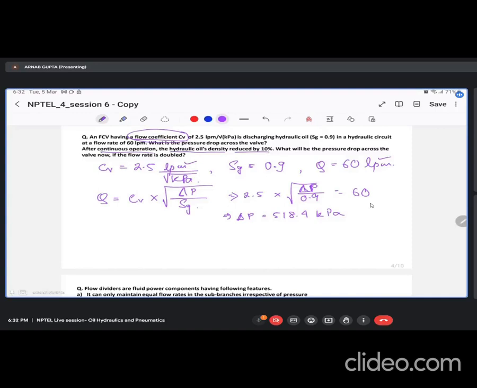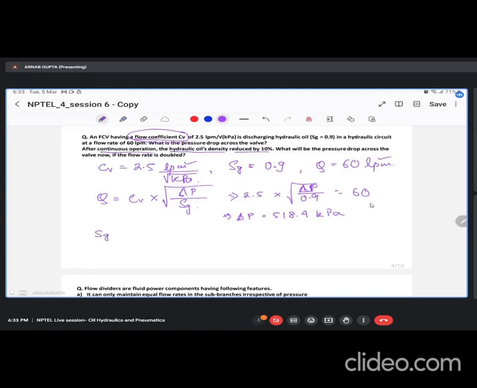And that is practically possible because as the oil is continuously circulated, the temperature increases because you are energizing the oil, right? So its internal energy increases and the temperature increases. As a result of that, the density may reduce. So here it is said that its density is reduced by 10%. So as a result, the SG will also reduce.